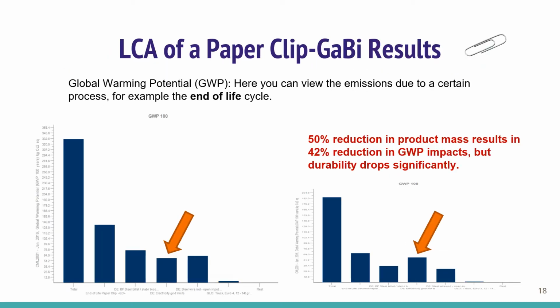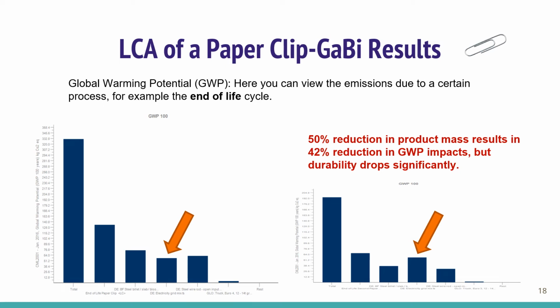So here we have the results calculated from Gabi from both flow plans. You can view the emissions due to a certain process, for example the end of life cycle, which is displayed here. The arrows are pointing to the amount of electricity used for each paper clip. So there was a lowering in material use, such as from 0.35 to 0.17, but this did not have a significant impact on the amount of electricity needed to be used in the process.